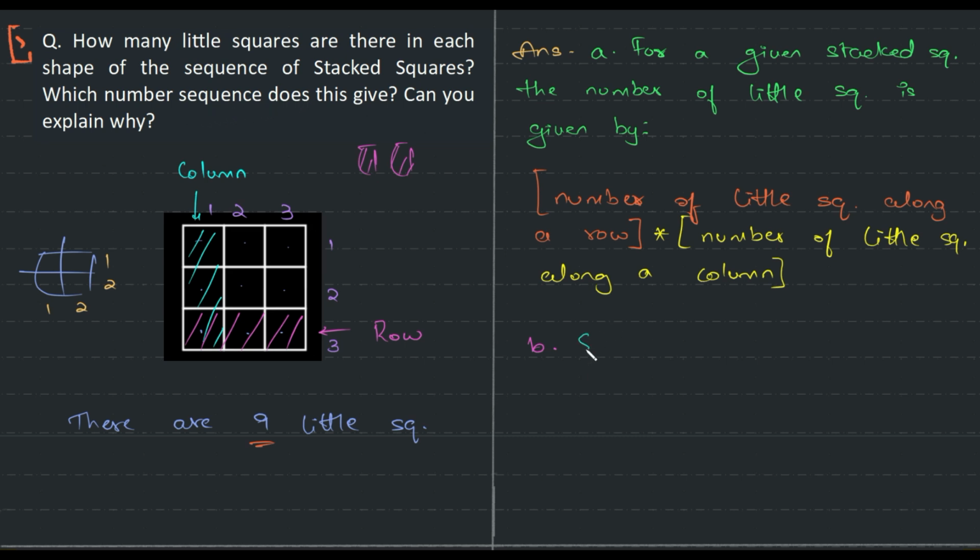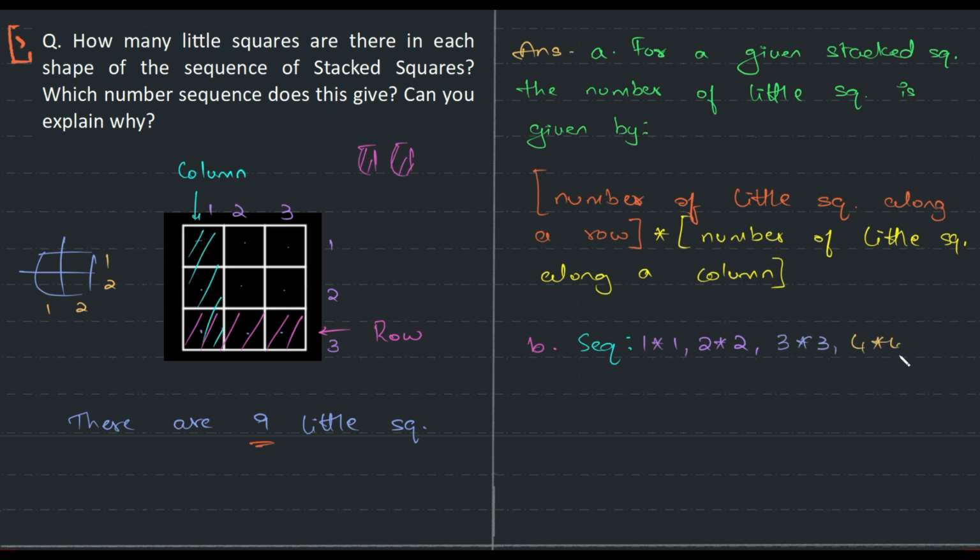So the sequence that we are looking at is 1, because the first one will have 1 into 1. The second one will be 2 rows and 2 columns, so 2 into 2. So we can write this as 1 into 1, and that is a continuation. The next one will be 3 into 3.